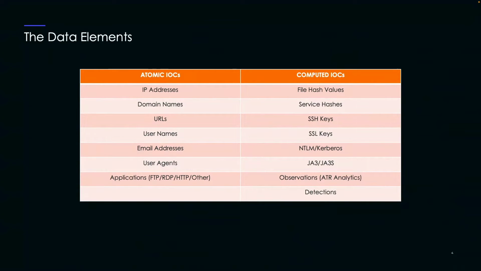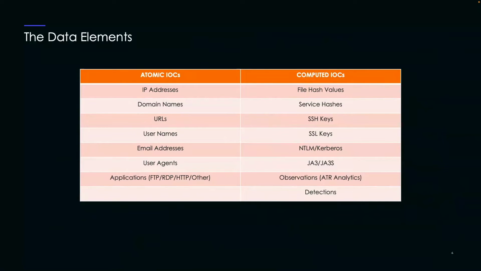Versus the computed indicators of compromise, this is essentially a derivative or an algorithm that was used to get to that value. So that is a computed IOC. Both in their nature are instrumental in driving security operations and required, but just different forms of indicators, whether they're file hashes or SSH keys, NTLM used for user authentication, or JA3 used for fingerprinting communications from a network.